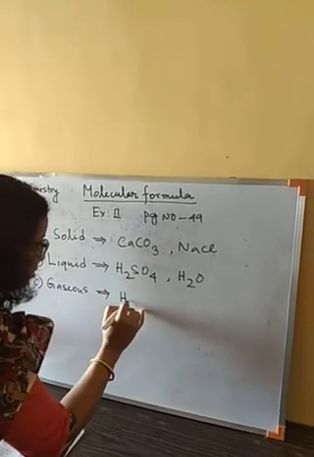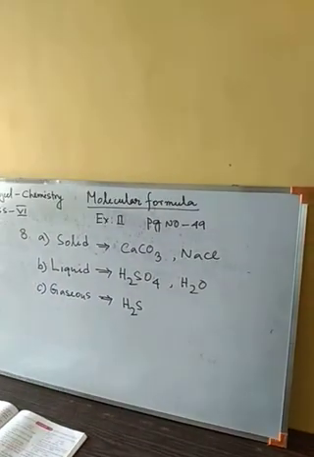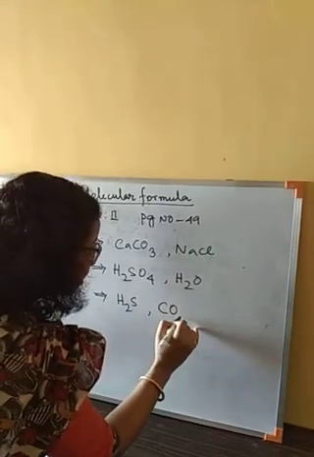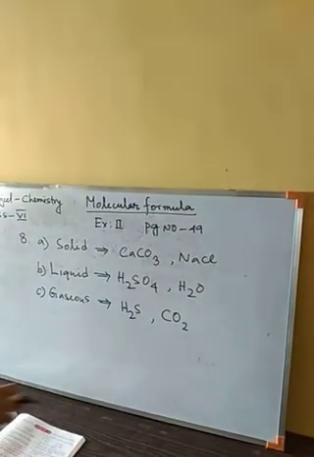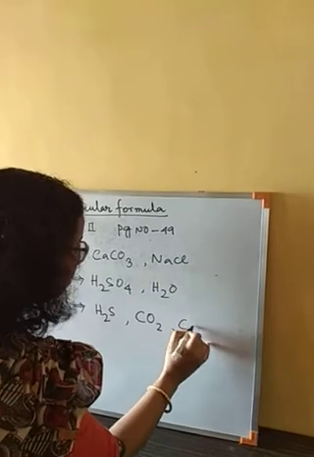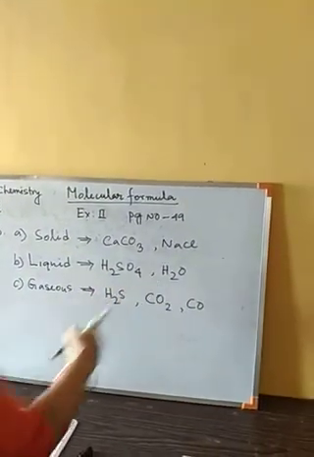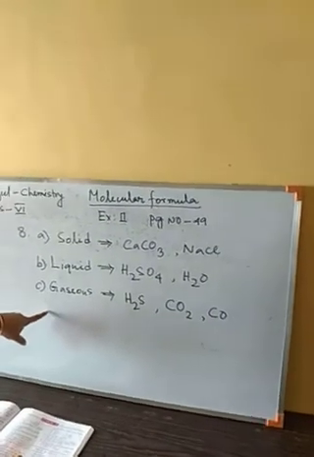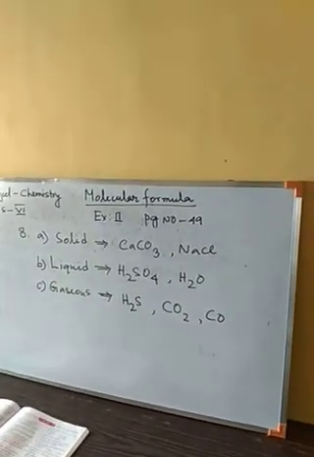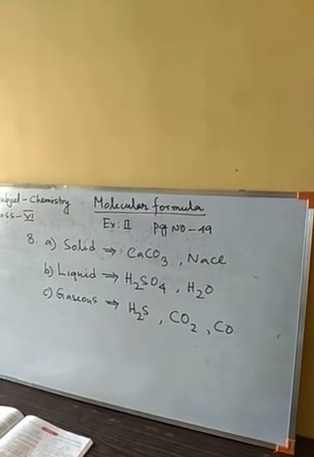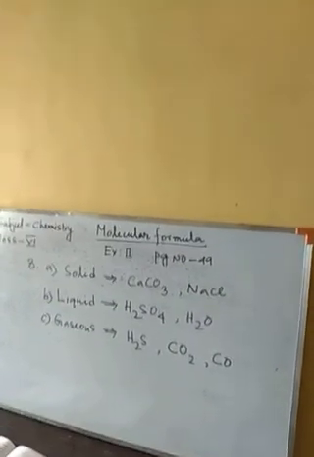Hydrogen sulfide, this is a gas, H2S. We can write carbon dioxide, this is also a gas, or carbon monoxide also. So these are examples of gaseous compounds. This is a liquid compound, and calcium carbonate and sodium chloride are solid compounds.